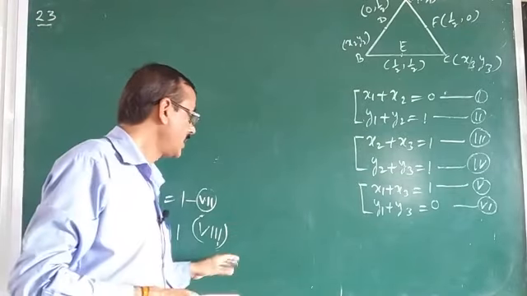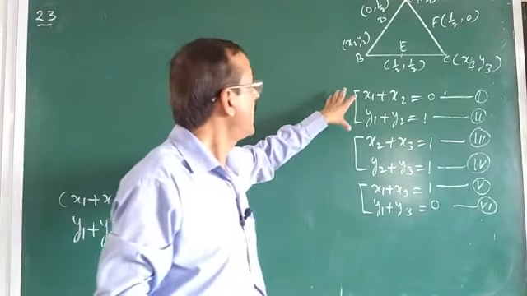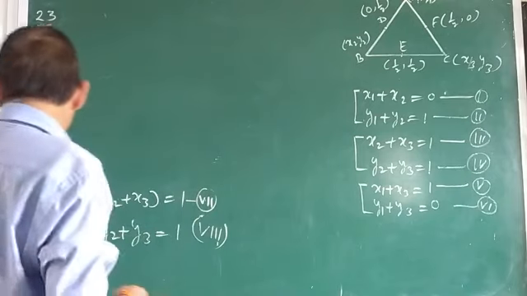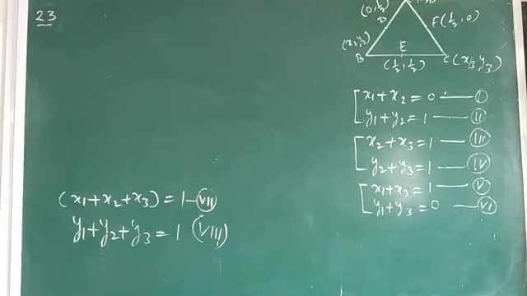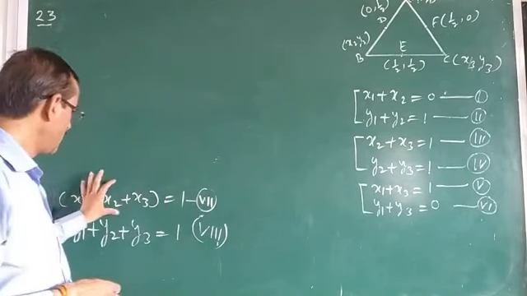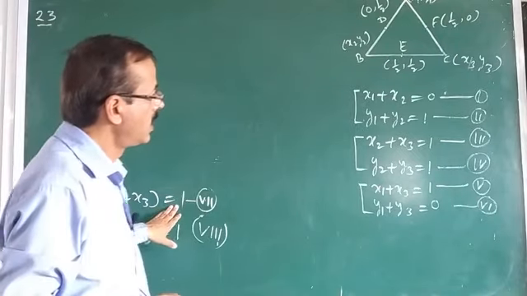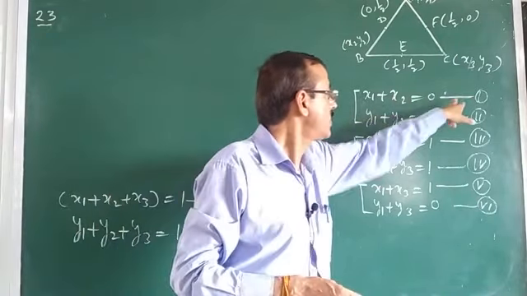Now there are a total of 8 equations that we have to solve to find x1, y1, x2, y2, x3, y3. Let's see, this is x1 plus x2 plus x3 is equal to 1, and this is x1 plus x2 is equal to 0.